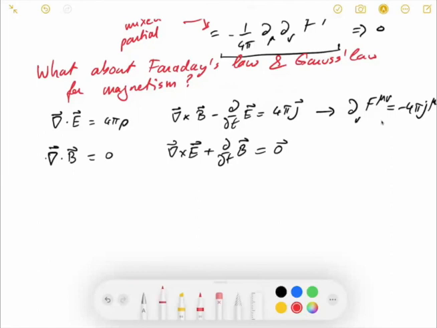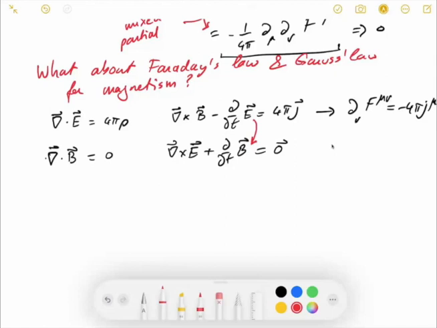So look very carefully here at what's happening. The reason I wrote them under each other is to show you how closely related they are. If we go from E to B, then that equation becomes a 0. And if we go from E to B here, we have to pick up a minus sign.